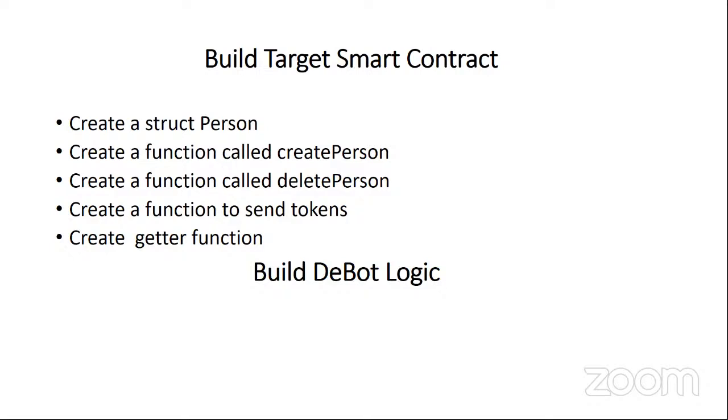And then we create a function called send token so that maybe you could send tokens to a particular person if you choose. And then we'll write a getter function. Then we shall build a DeBot logic that is going to be able to receive input from the user and send it to the smart contract, right? Great.